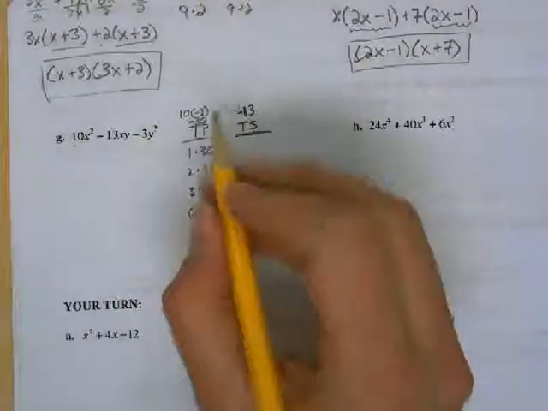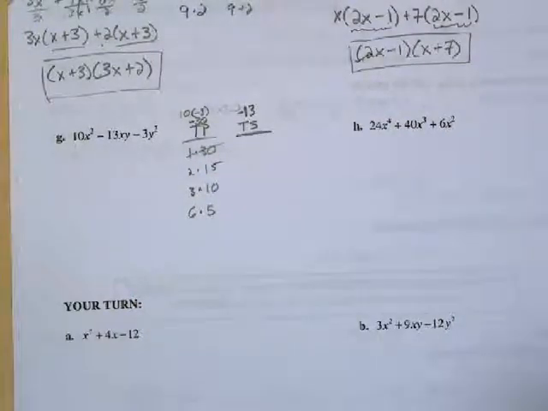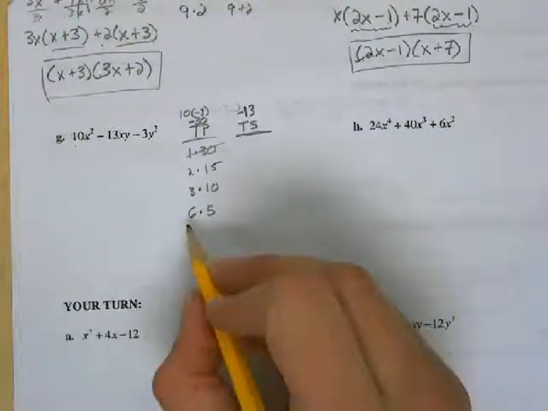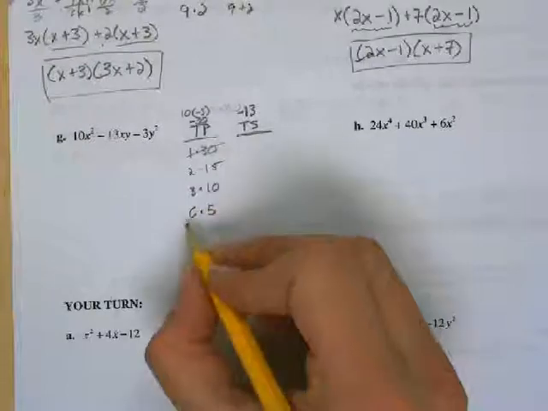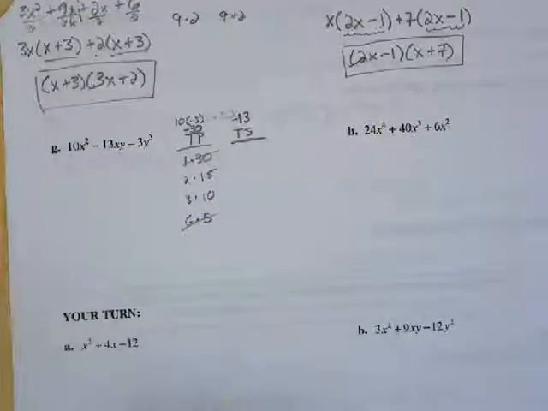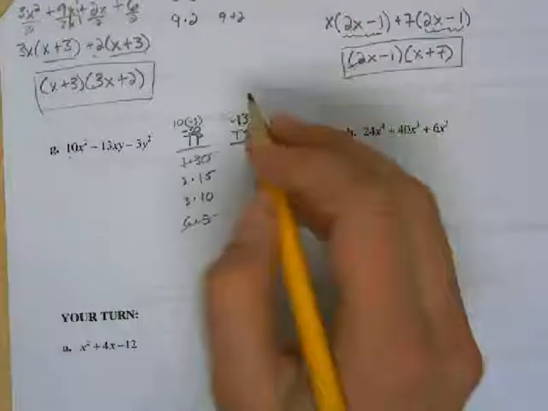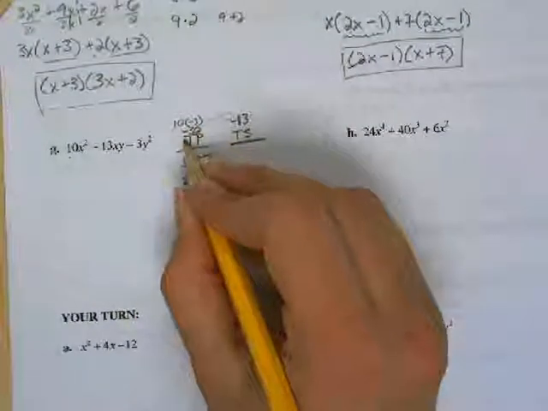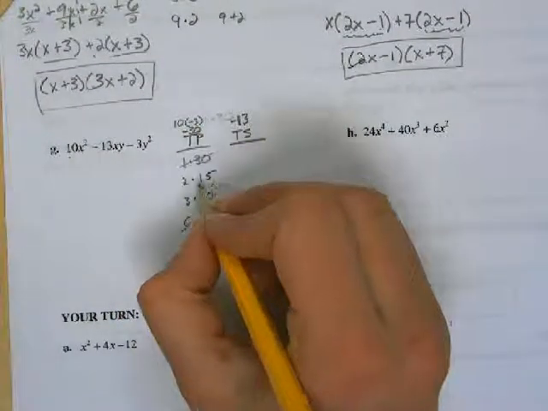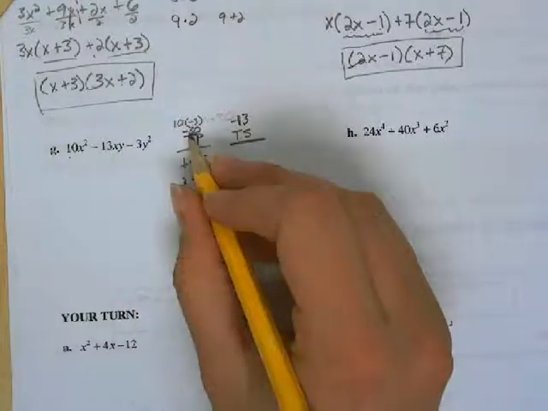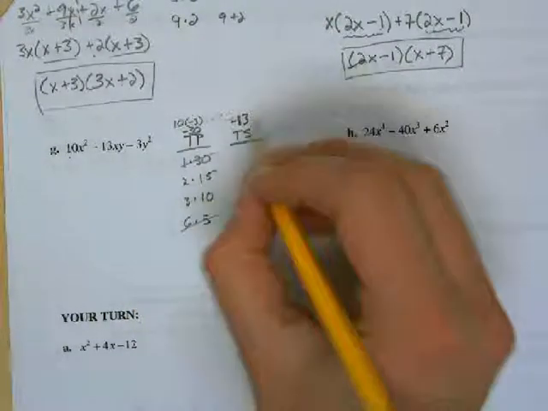It's not that one. That's not going to give me a negative 13. 6 and 5, it's not going to give me negative 13. It kind of looks like it's between these two. So you just have to be careful with your signs. Okay, this is negative 30, which means opposite signs. Negative product means opposite signs. So one's going to be positive, one's going to be negative.